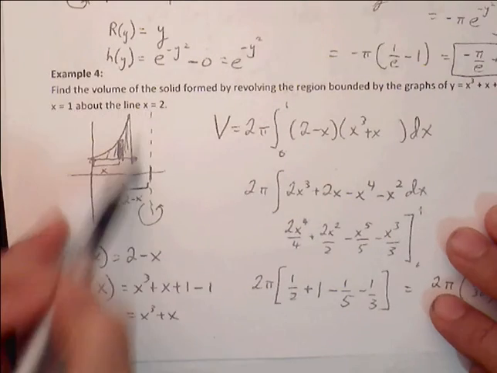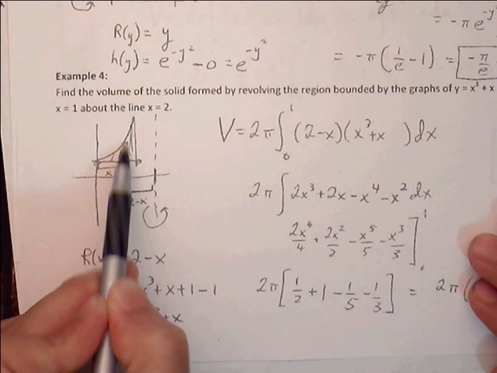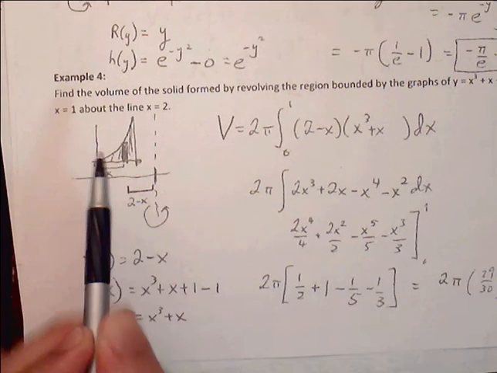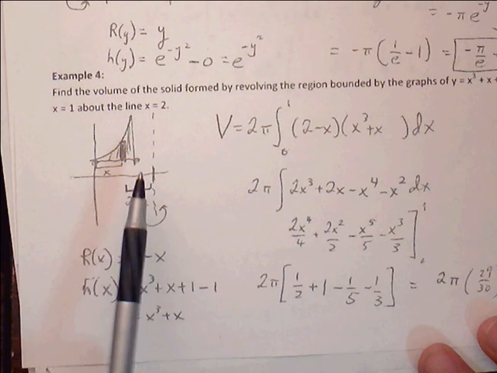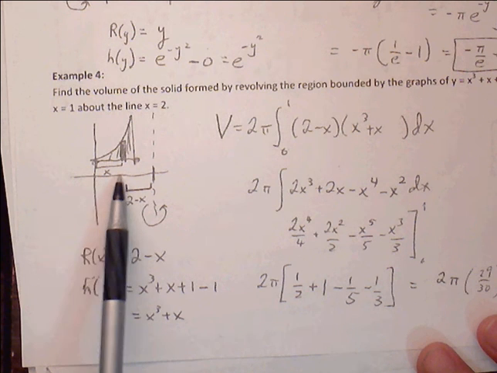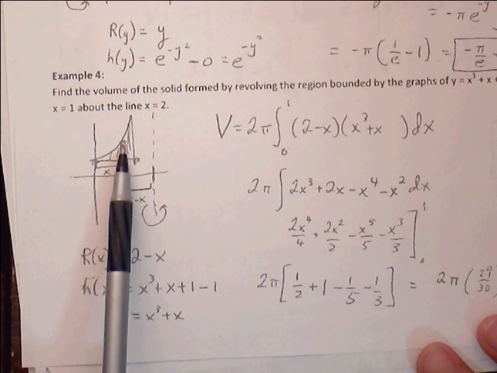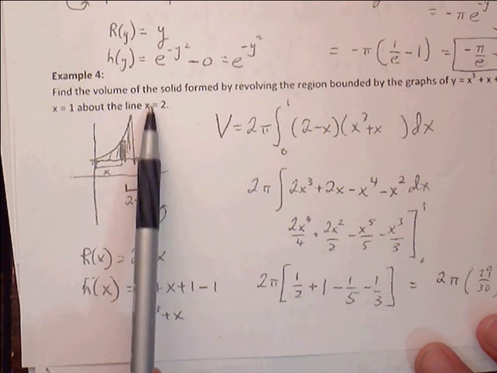A vertical axis means that for shell method, we're also going to use a representative rectangle using vertical rectangles. Now, the thing that's different here is that our representative radius is no longer going to be x, because if we do x, then that's the distance from here to here, and that's not the distance from the representative rectangle to the axis. Our axis is over here.